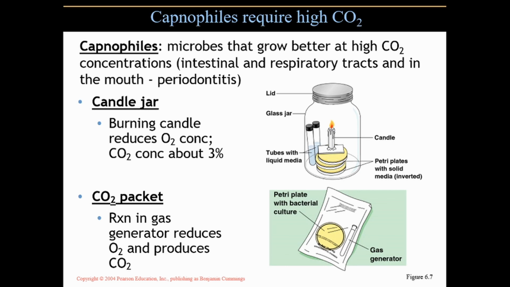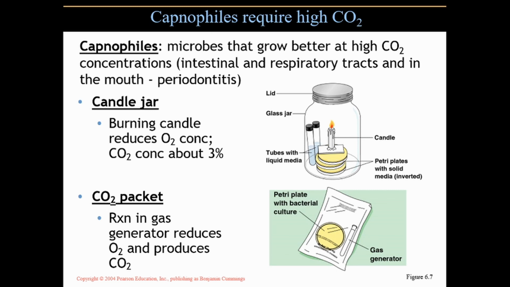Capnophiles are microbes that grow better at high CO2 concentrations, like in the intestinal and respiratory tracts and in the mouth, which can lead to periodontitis, or gum disease, so degradation of dental tissue down below the gum line.